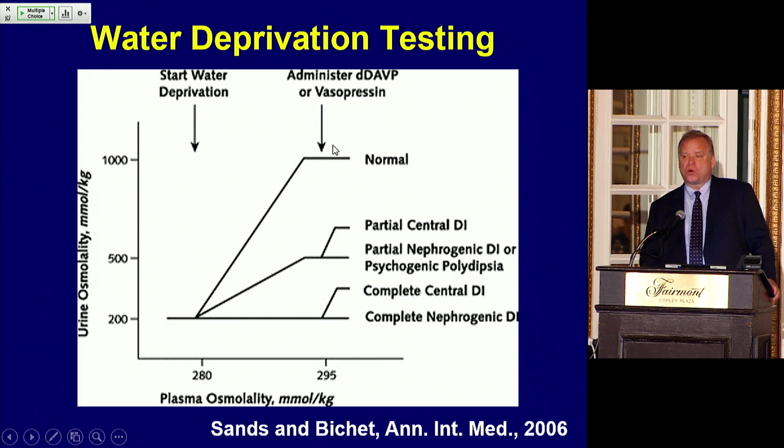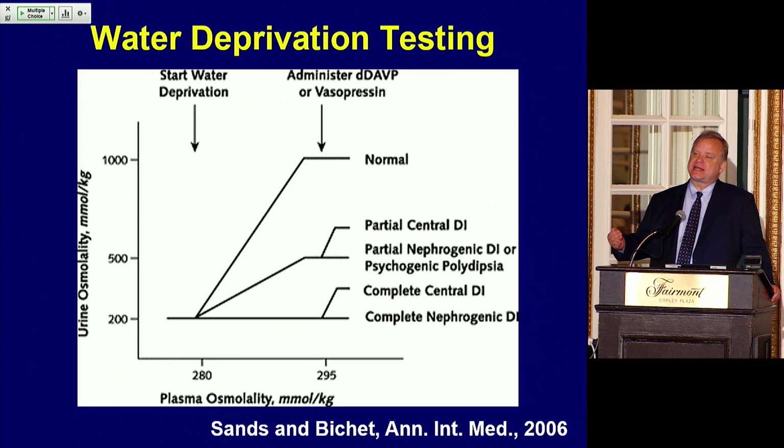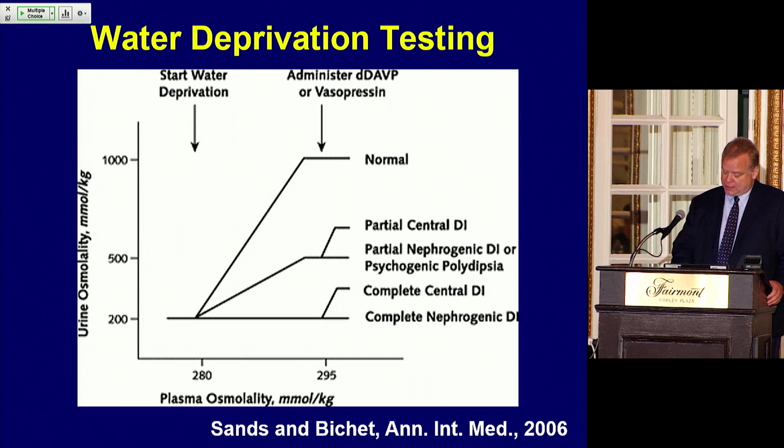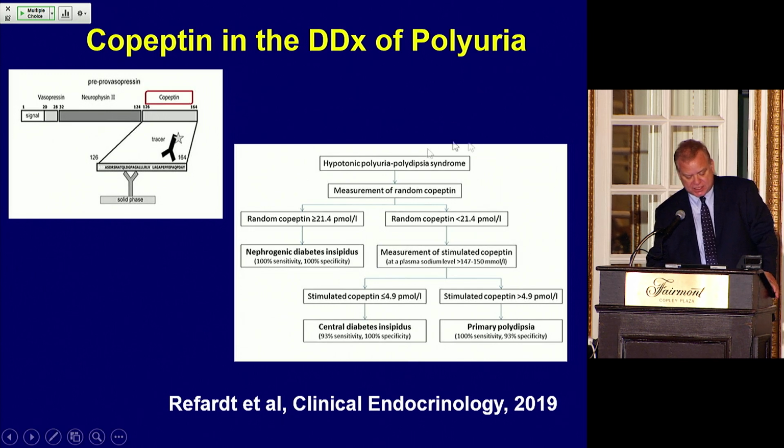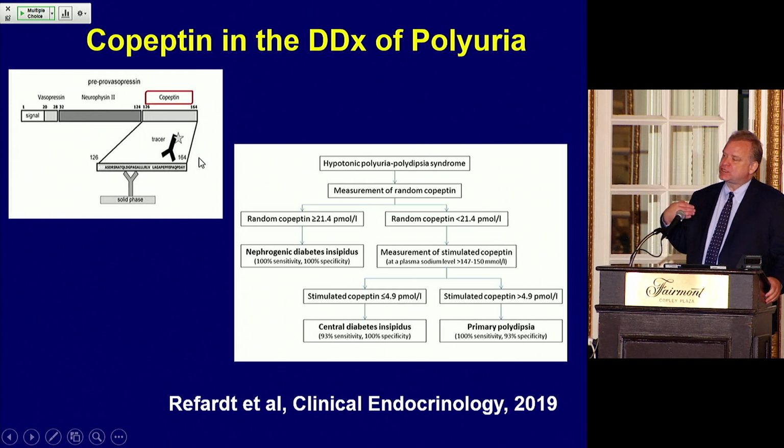Classically, we used to do water deprivation testing to look at whether patients had an incomplete nephrogenic DI or central DI and so on. More recently, however, there is the measurement of copeptin. So copeptin is co-secreted with vasopressin and neurophysin 2, so it can be measured in the serum as an indicator of vasopressin levels.